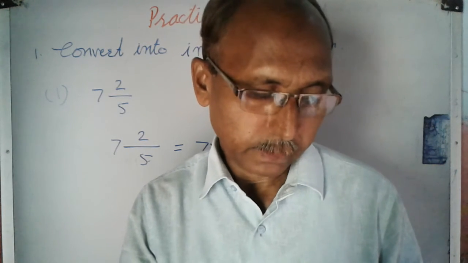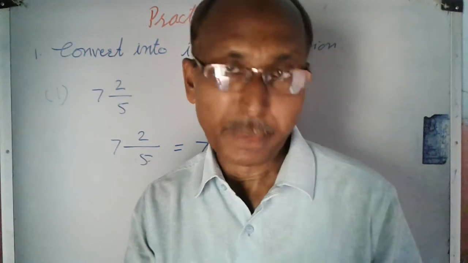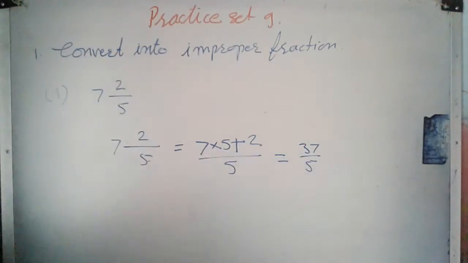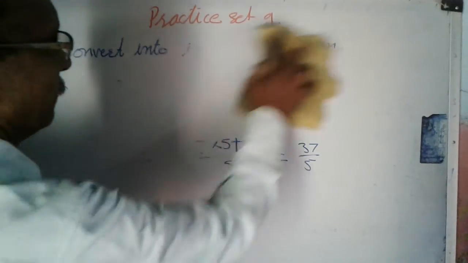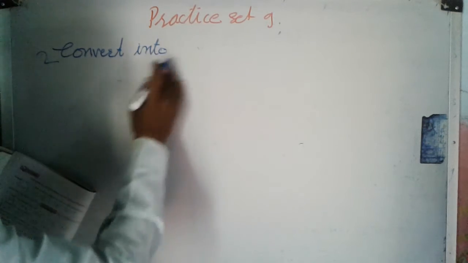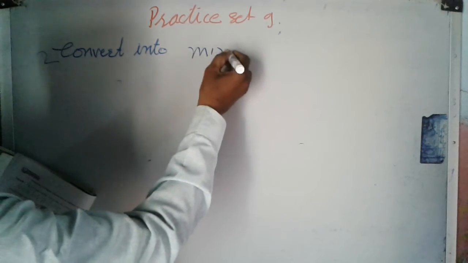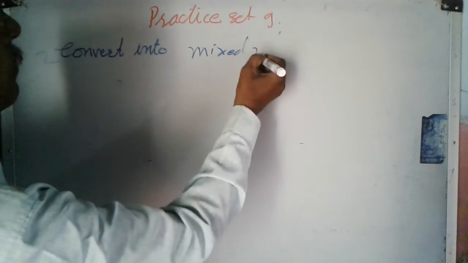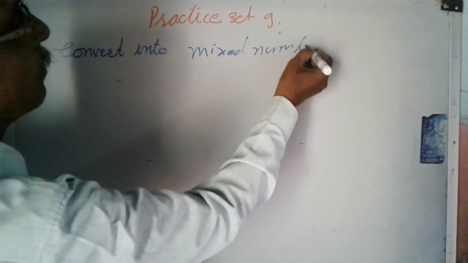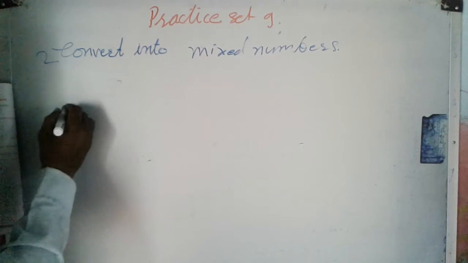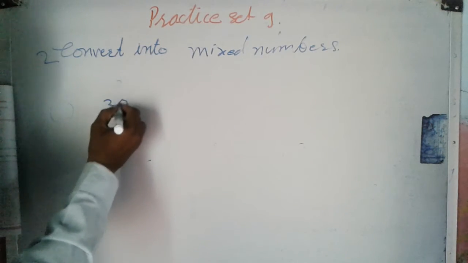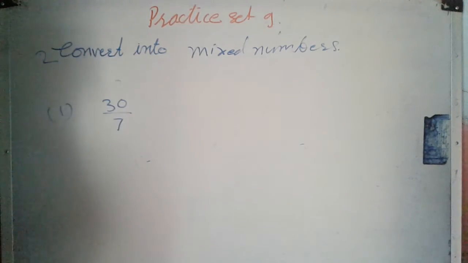Now we will solve the second question, convert into mixed numbers. Question number 2, example 1: 30 upon 7.